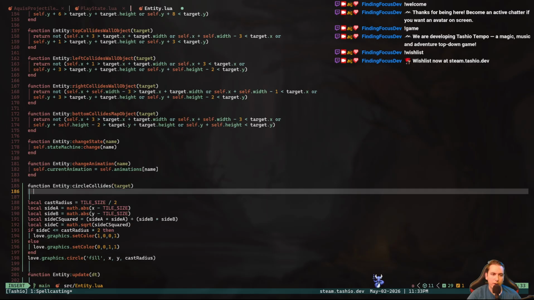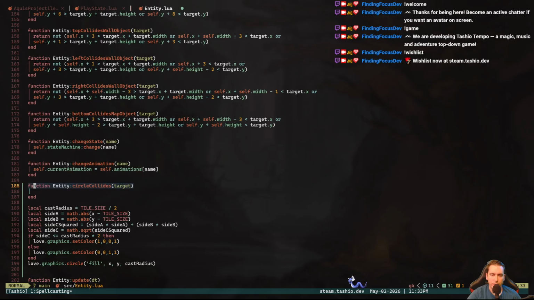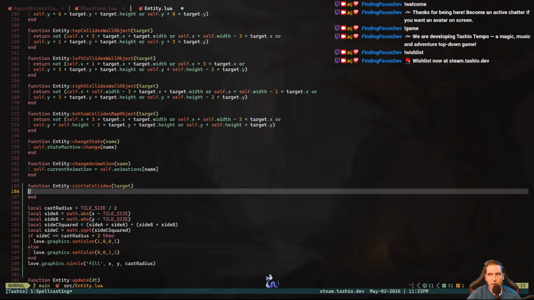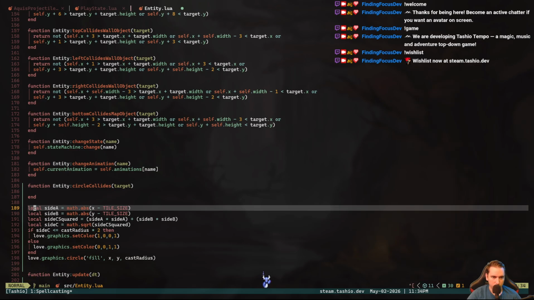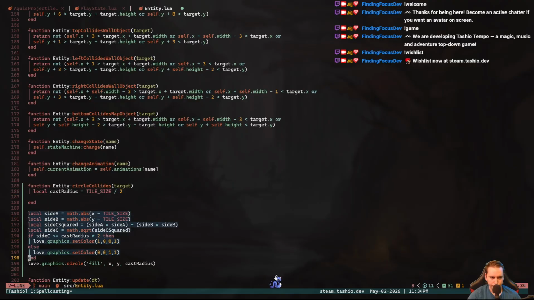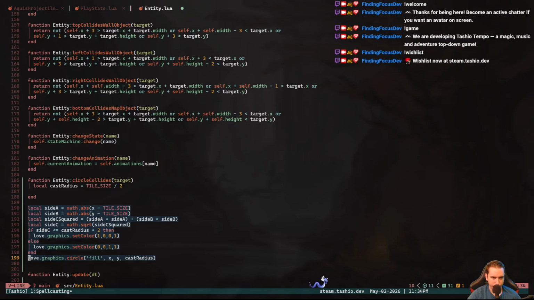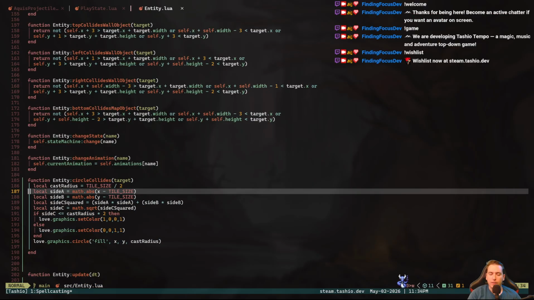Okay, so we're gonna add this function called circle collides. Takes in a parameter of a target, and then it has access to itself, so then it should check and do all of this stuff. Now, we're kind of doing this set color stuff in the method.